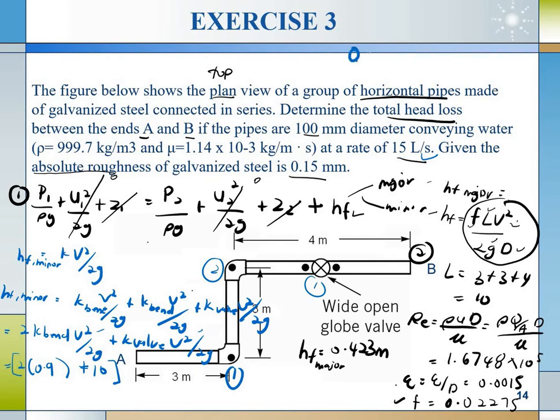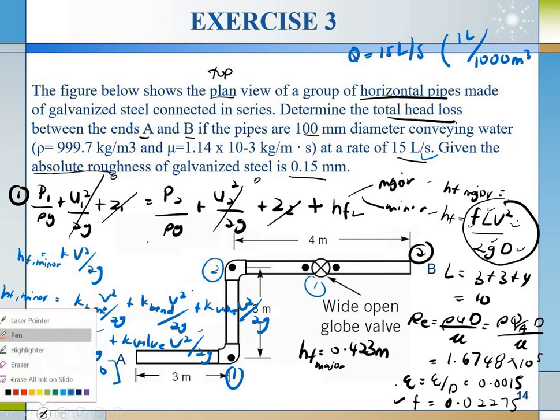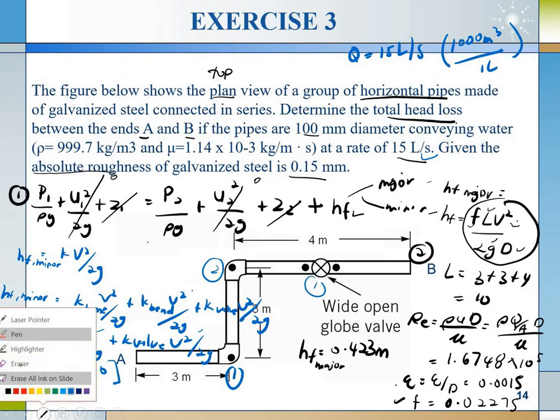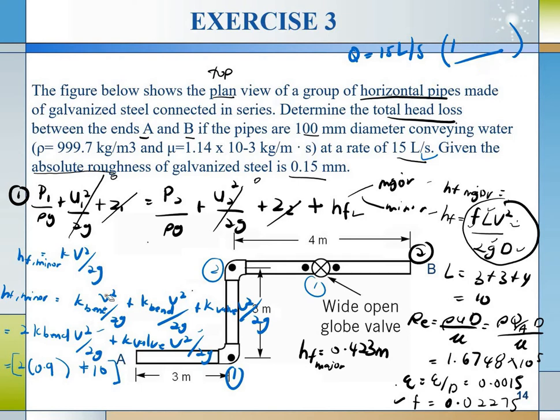So I write here Q is equal to 1.5 liter per second. 1 meter cube is equal to 1000 liter.